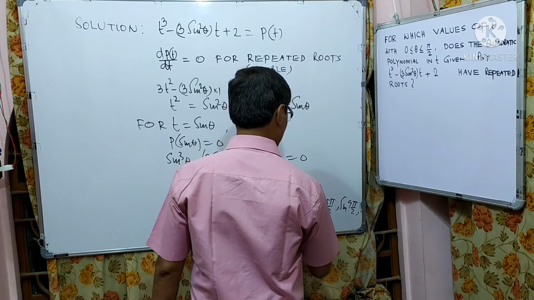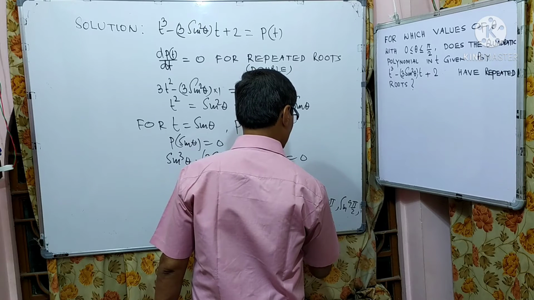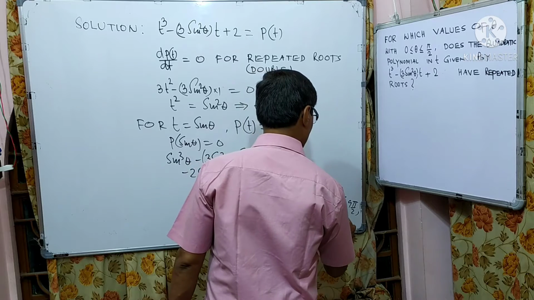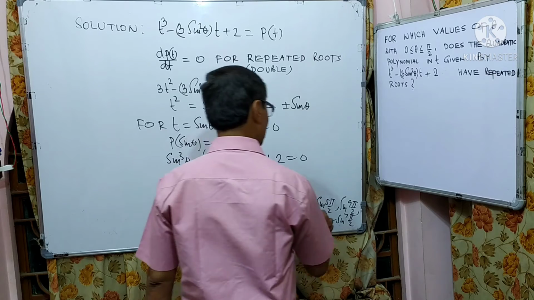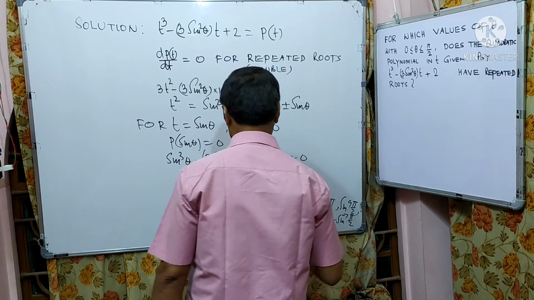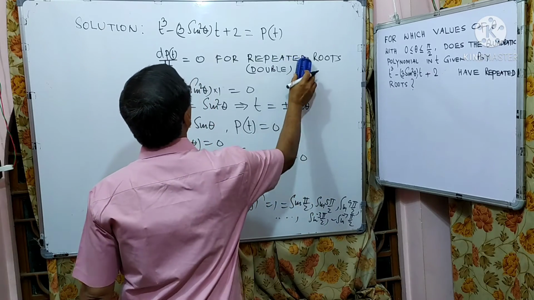Also minus 3 pi by 2, minus 7 pi by 2. So we have got the value of theta.